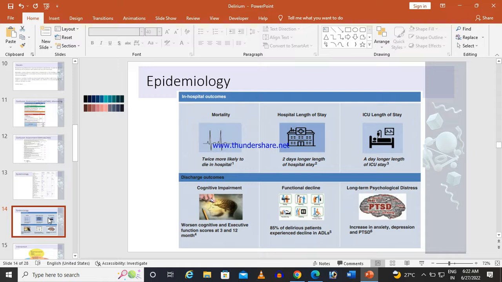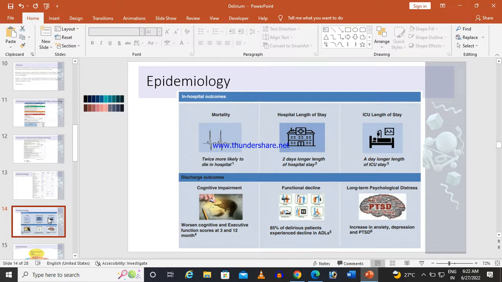It was observed that a patient with delirium is twice as likely to die. The length of hospital stay will be 2 days longer compared to a normal patient, and ICU length of stay is also 1 day longer for the delirium patient.